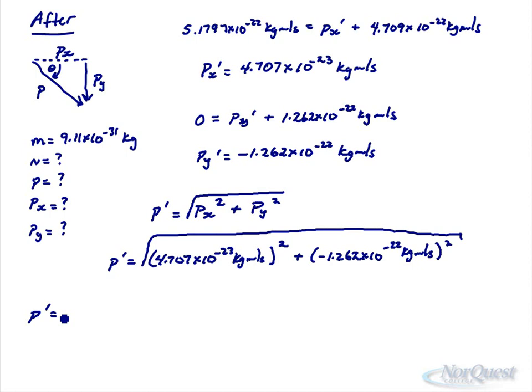Square root the result, and that will give us the momentum: 1.346, so 1.35.